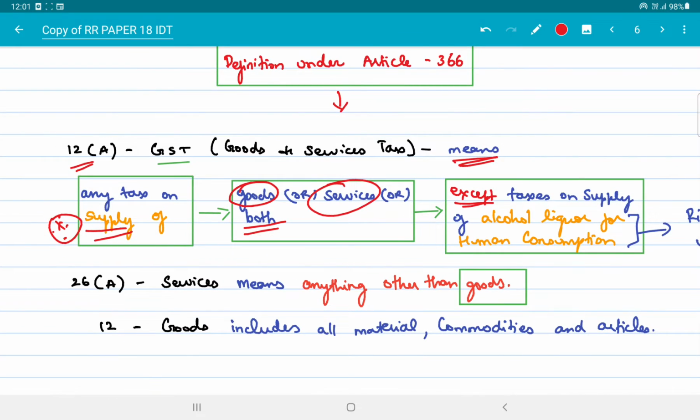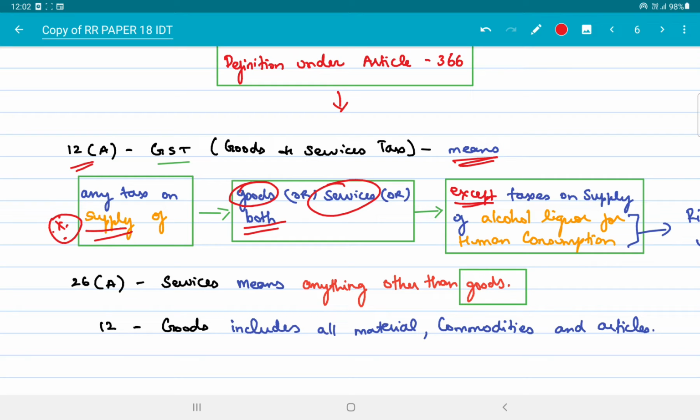Okay. So in the definition of GST in Article 366(12A), it clearly defines that it is any tax on supply of goods or services or both, except tax on supply of alcoholic liquor for human consumption.